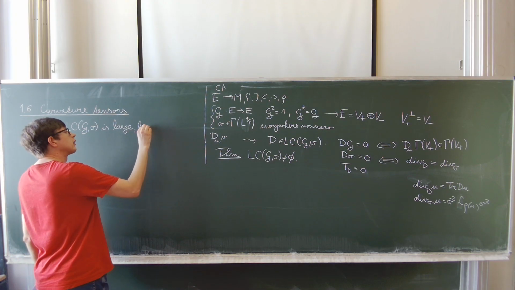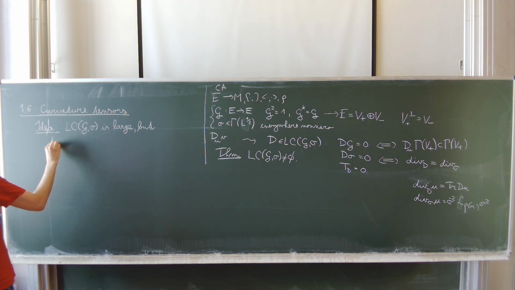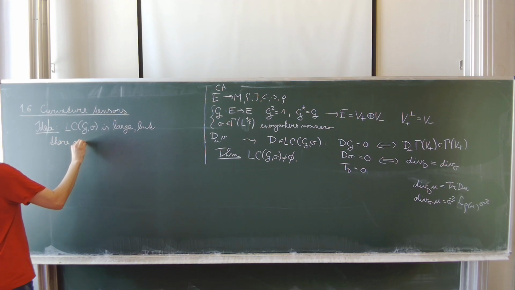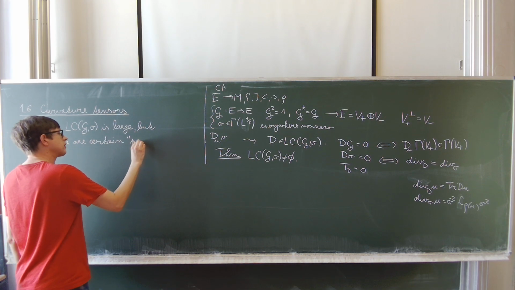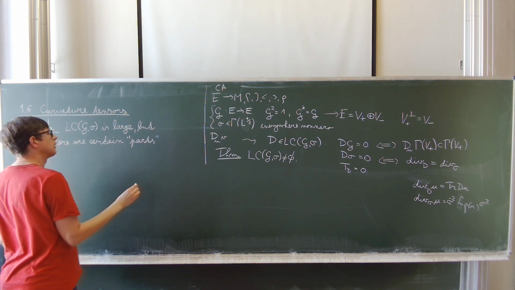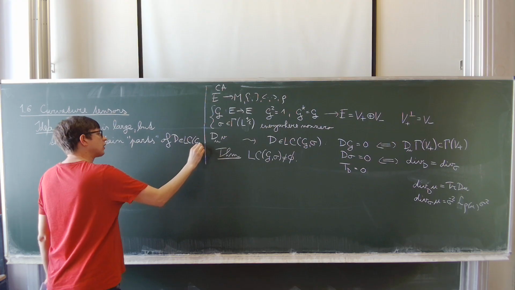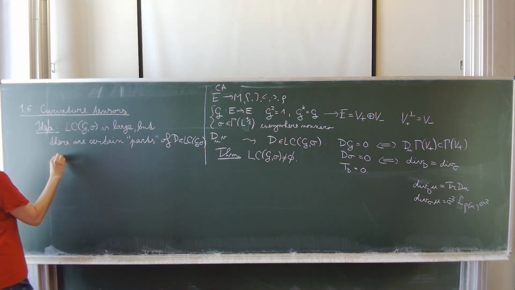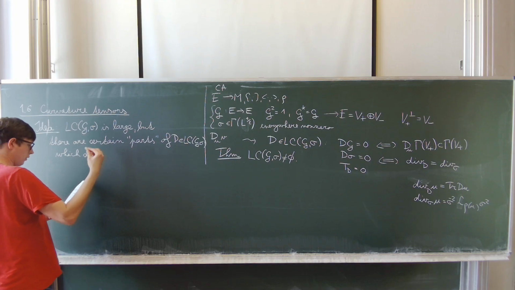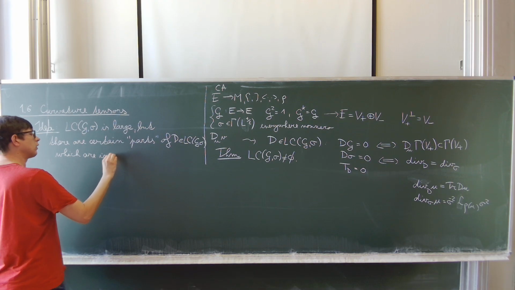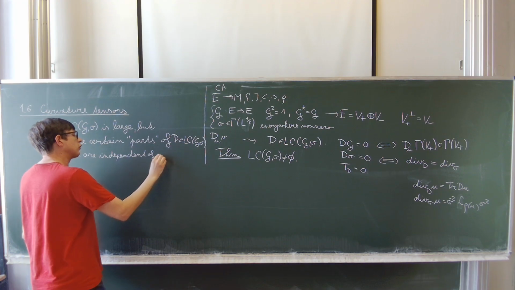But if we have an element in there, there are certain parts, matrix elements of any connection in here, which are independent of the representative.